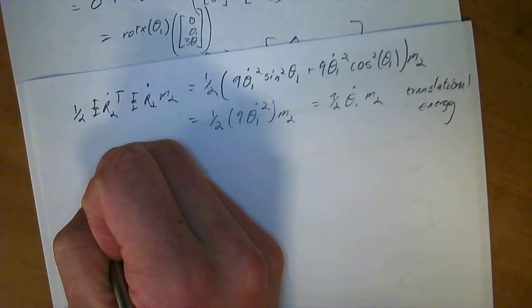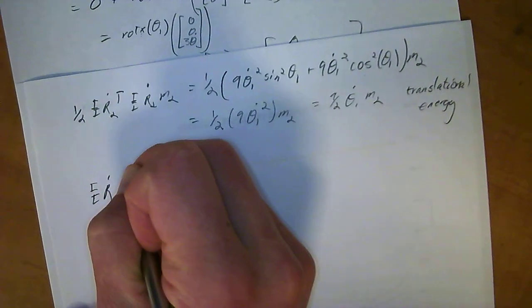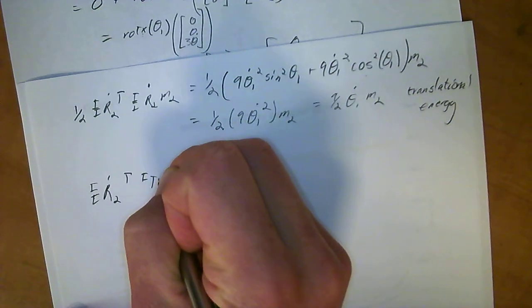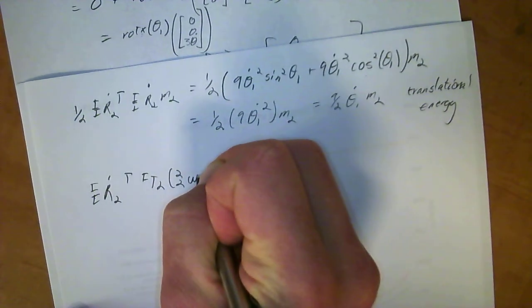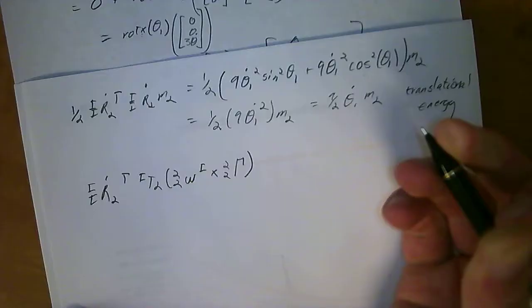is going to be R2 transpose T2 of 2 omega I cross 2 gamma.